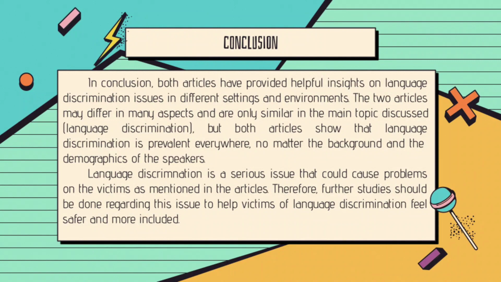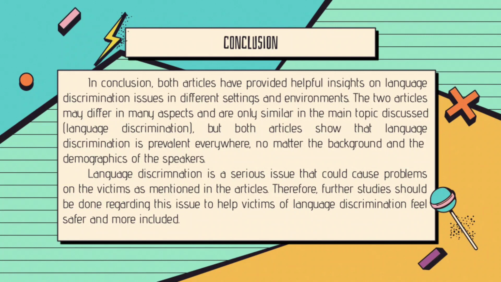So right now we move on to the last part of the presentation, which is conclusion. In conclusion, both articles have provided helpful insights on language discrimination issues in different settings and environments. The two articles may differ in many aspects and are only similar in the main topic discussed, which is language discrimination, but both of the articles show that language discrimination is prevalent everywhere, no matter the background or demographics of the speakers.